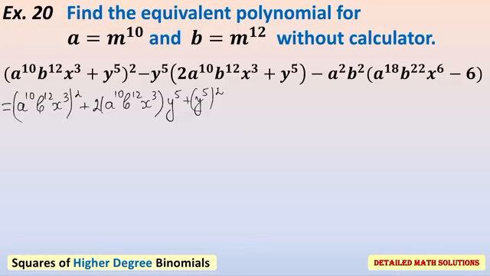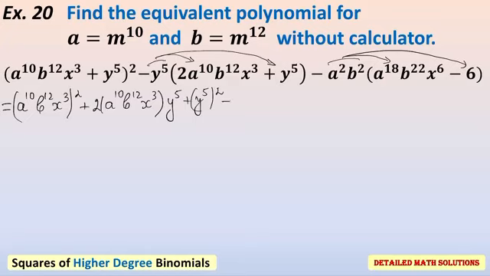Next, I need to apply the distributive property for the other two terms of this expression. In other words, I need to multiply the term in front of the parentheses with each term within the parentheses. I need to do that for the last term of this expression, and again multiply the term in front of the parentheses with each term within the parentheses.